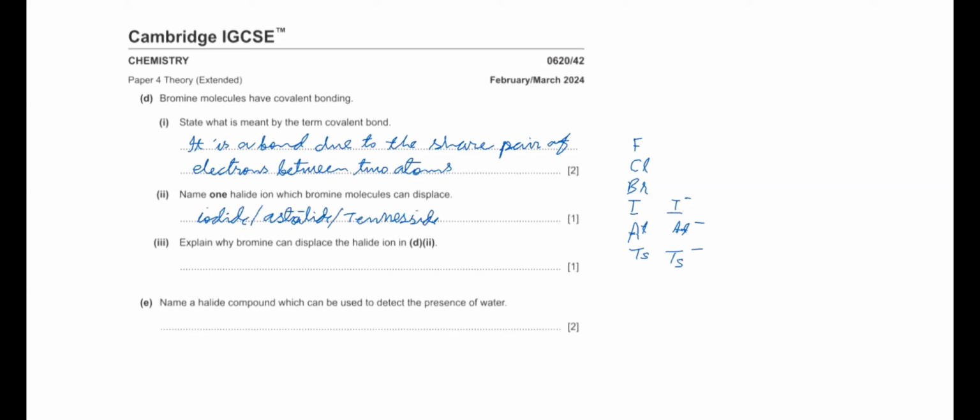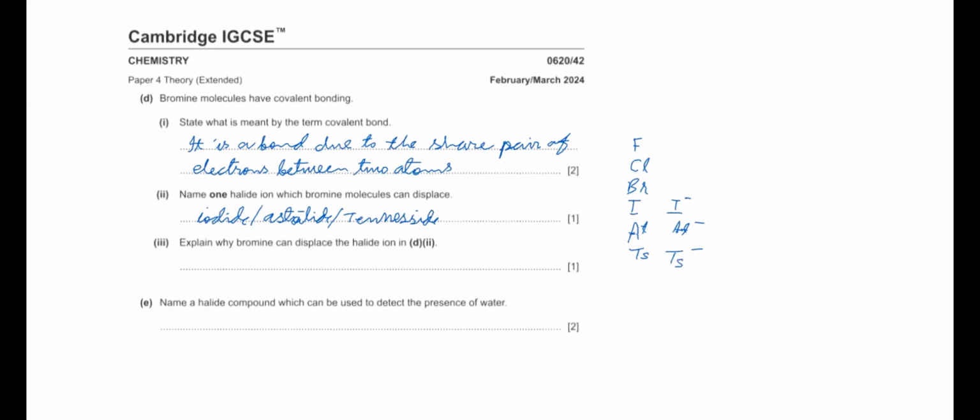Explain why bromine can displace the halide ion. As I have already mentioned, bromine is more reactive than these elements, and reactivity decreases down the group.